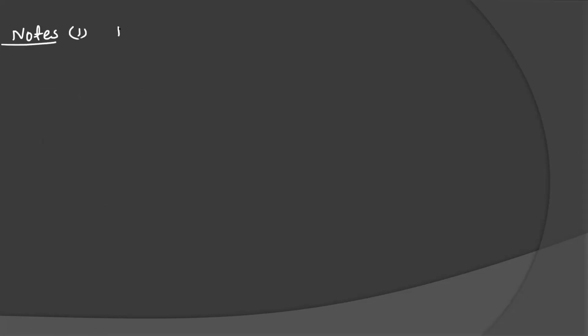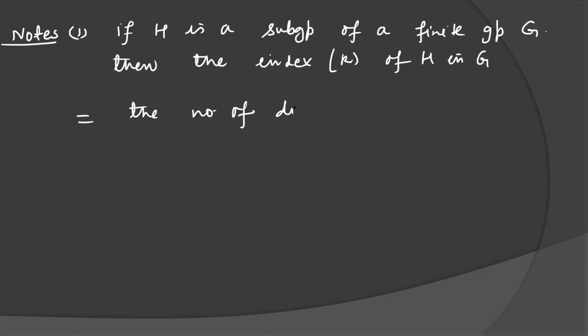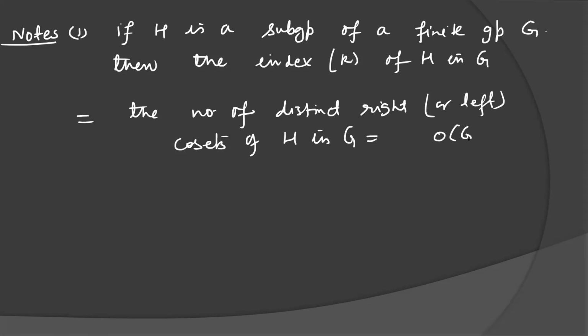First note is, if H is a subgroup of a finite group G, then the index, which is k actually, I told you, of H in G is equal to the number of distinct right or left cosets of H in G, which is equal to the order of G over the order of H. That is actually the definition of k.